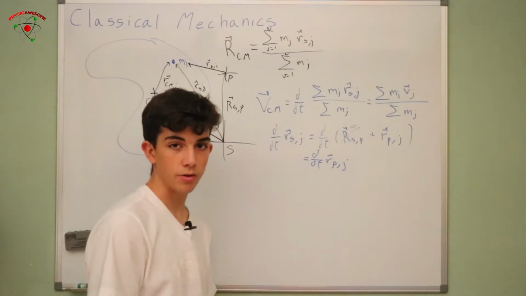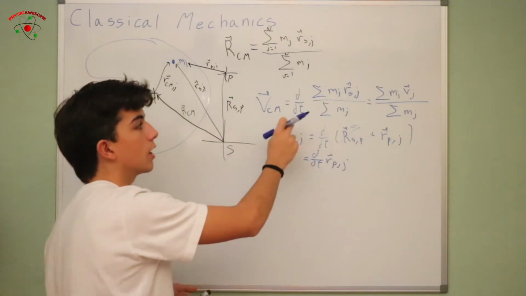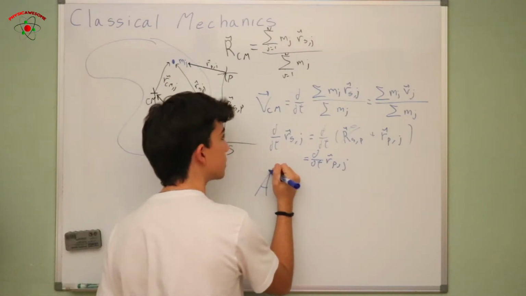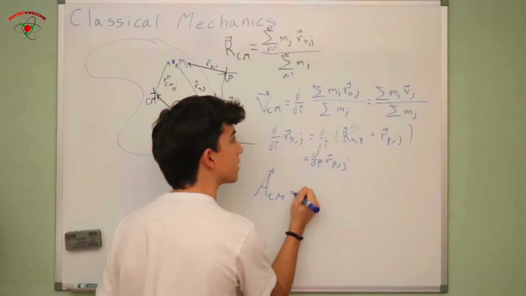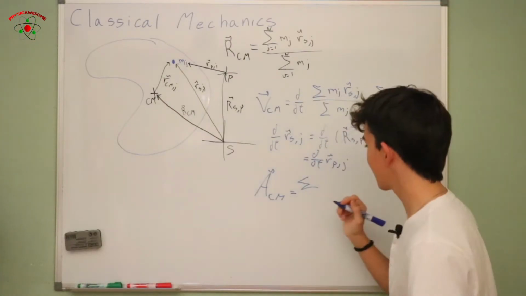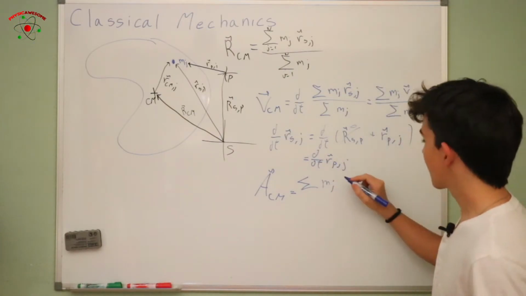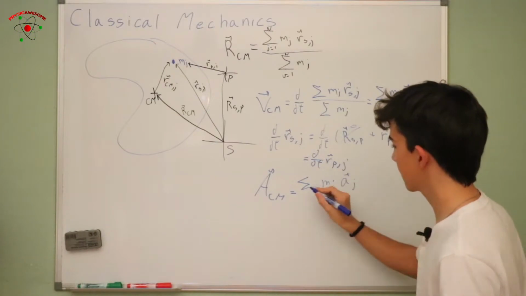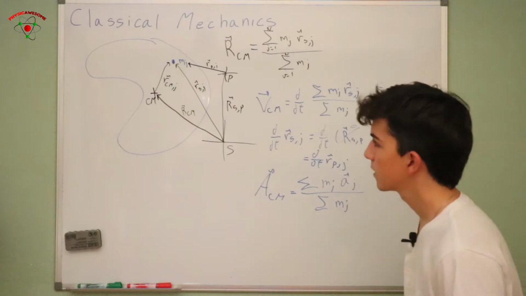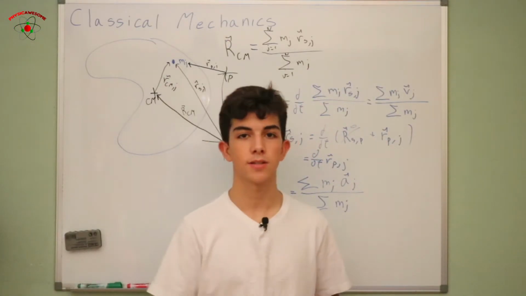We can differentiate once more, and doing the same thing, we will find that the acceleration of the center of mass is equal to the sum of m_j times a_j divided by the total mass. And this is the acceleration and velocity of the center of mass of a system.